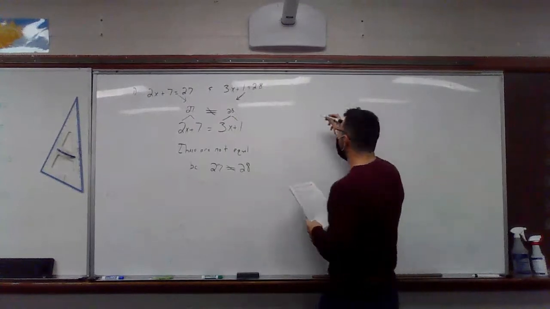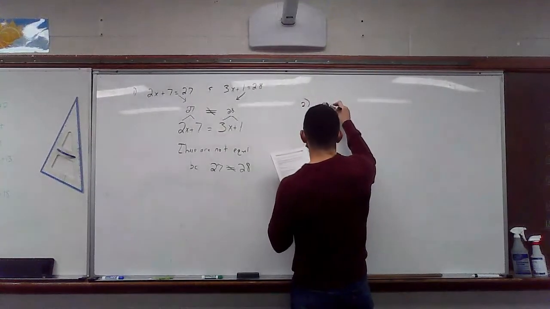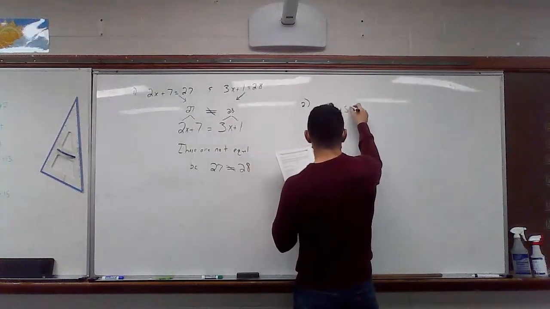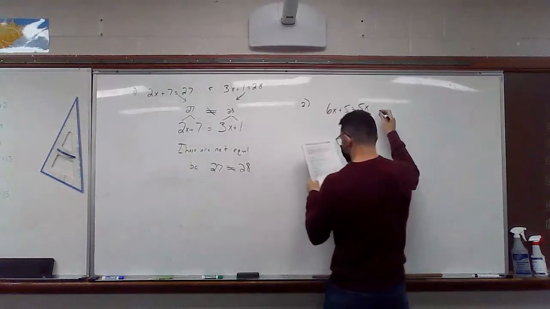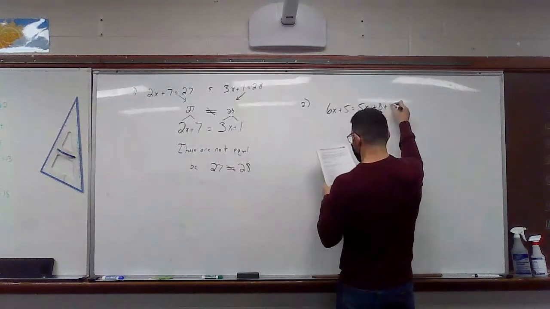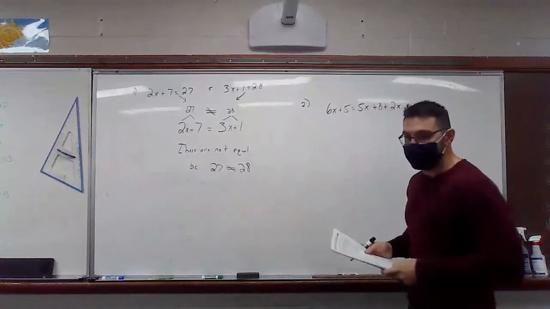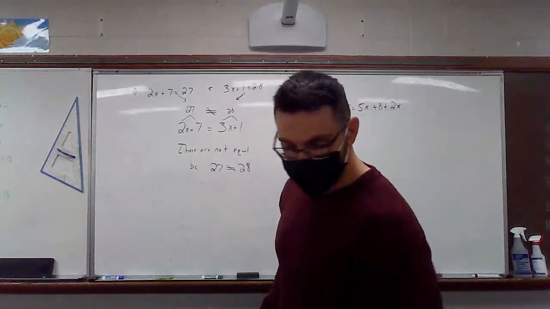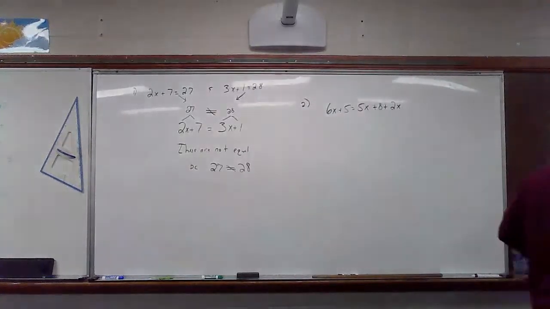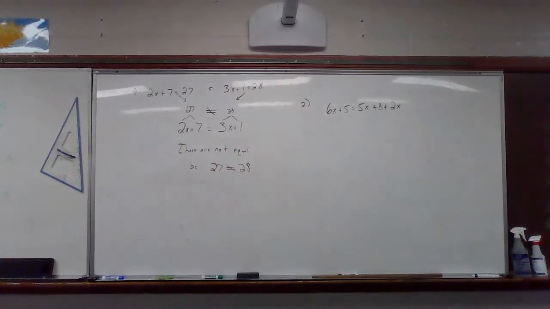Number 2 says, is negative 5 a solution for 6x plus 5 equals 5x plus 8 plus 2x? So my question is, when it says, is negative 5 a solution? How do we show solutions in an equation?